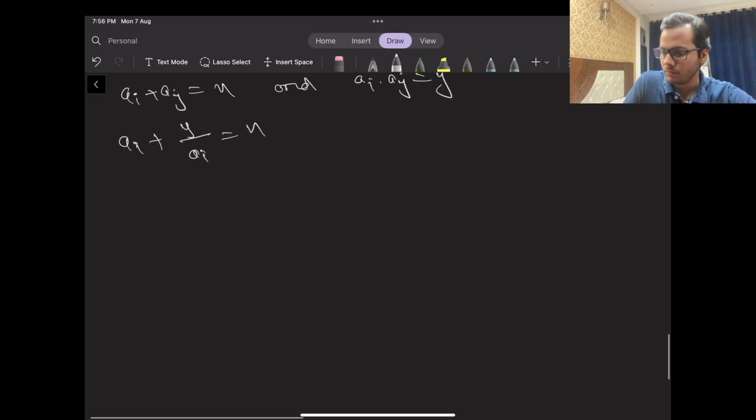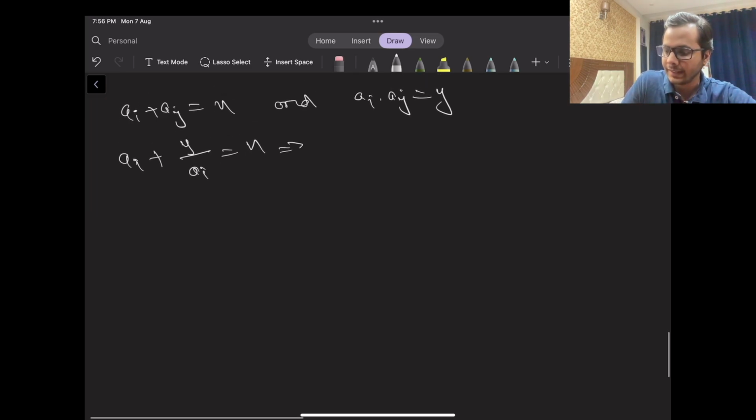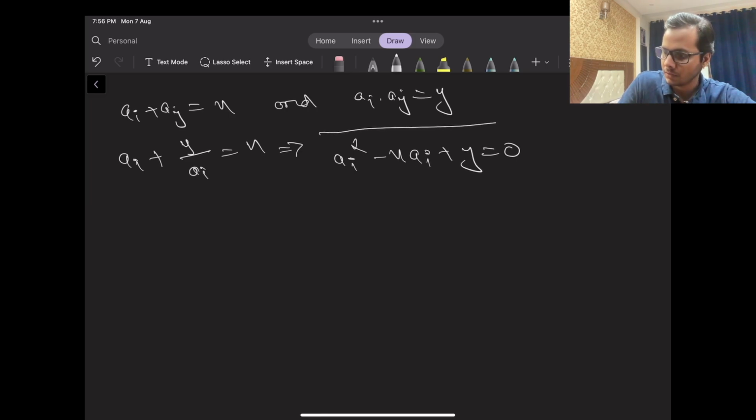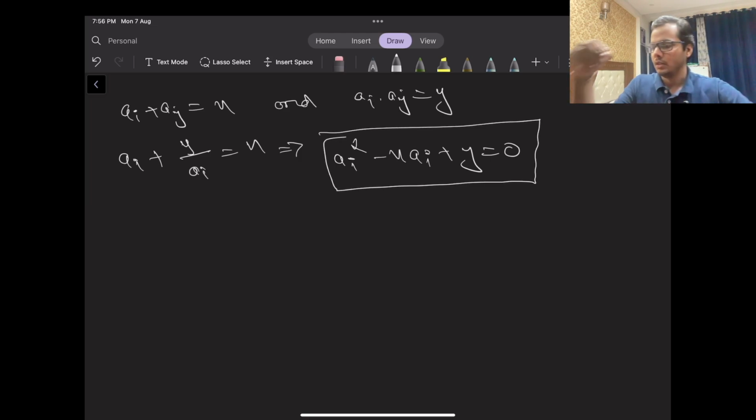Then we'll get a quadratic equation: ai square minus x times ai plus y is equal to 0. Now we need to solve this equation. We can easily find the value of ai and consequently the value of aj, and then we can just multiply their counts and that would give us the answer.